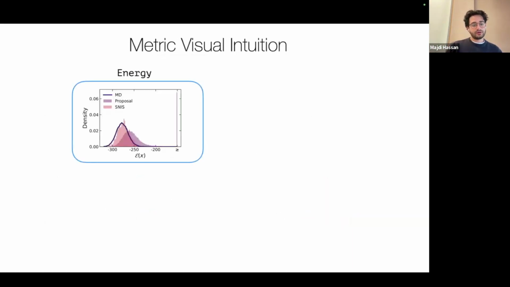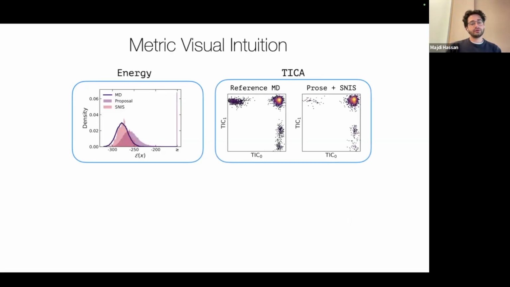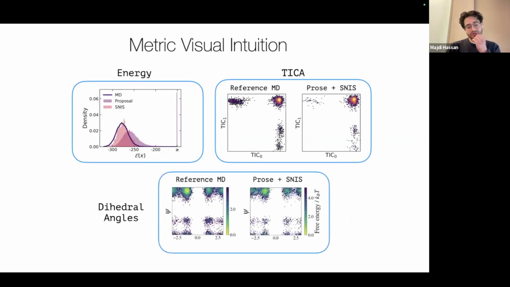So to give a visual intuition, here we see the energy distribution plots between MD and the proposal, and then the proposal after reweighting. And the TICA metrics between a reference MD and, let's say, our generative model with self-normalized importance sampling, and one set of dihedral angles from also comparing the reference MD to Prose.